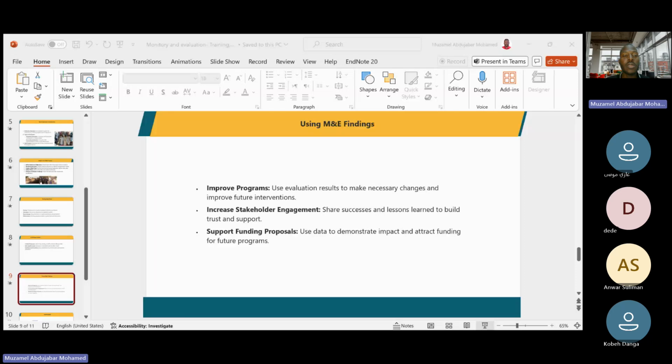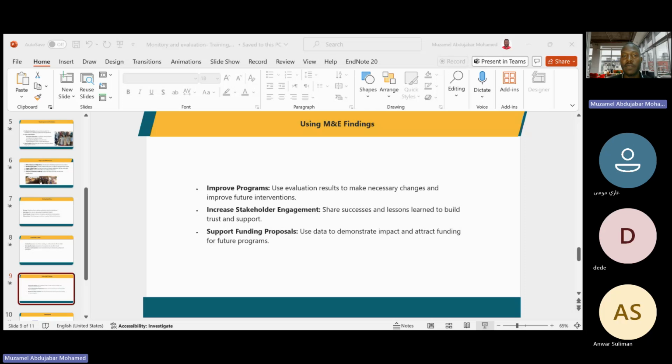When the donors see your proposal is backed with good data and good information, that can let them support you, to give you the money to do the project. Yeah, this is also a finding of the monitoring and evaluation. Now let us see the conclusion.